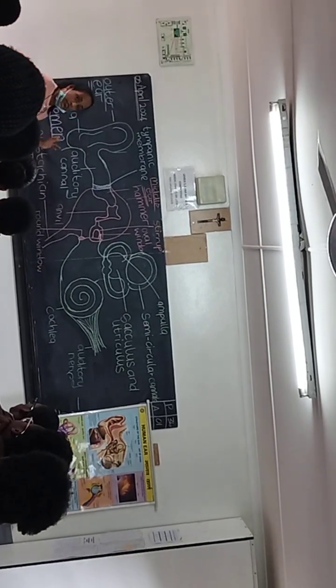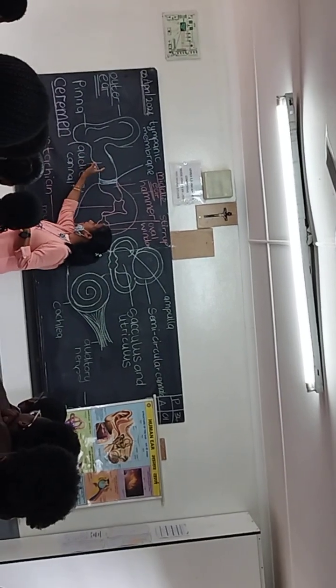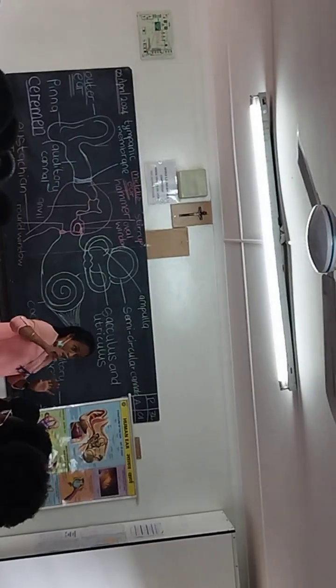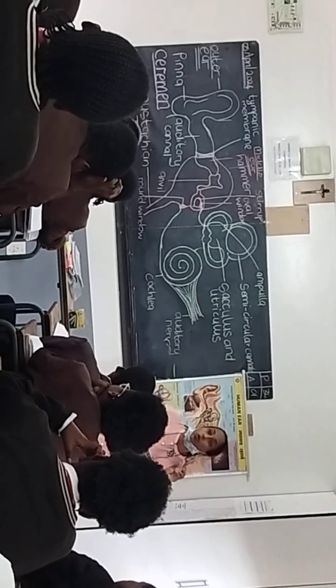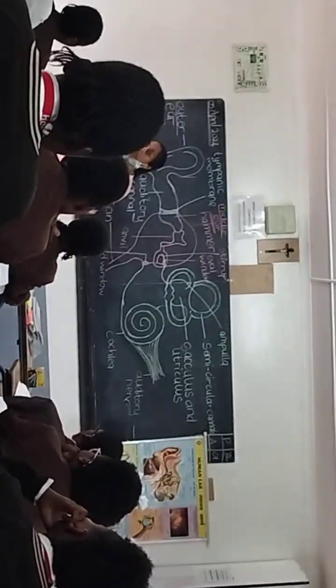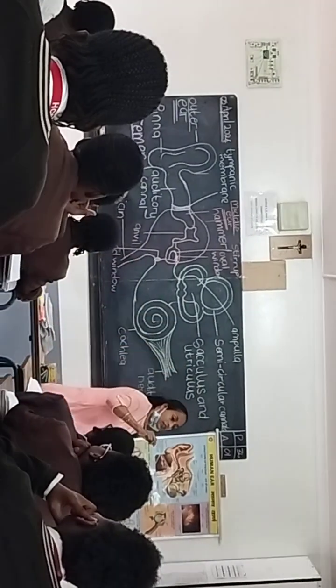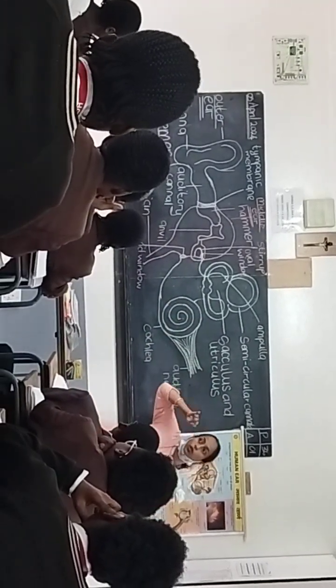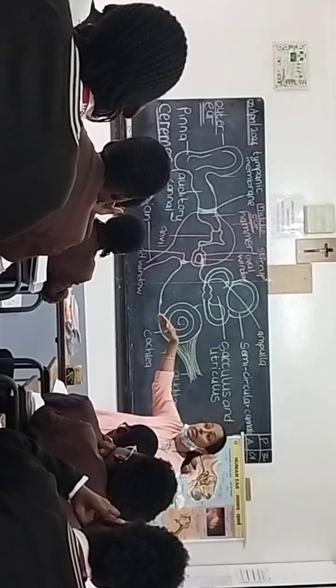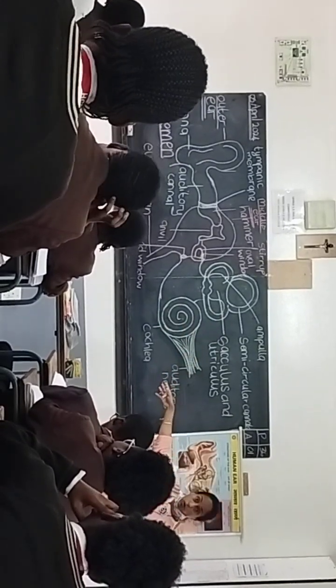What is cerumen? In layman's terms, we can use the word wax. Wax is produced there. It is something that is naturally produced, so that if there is any tiny organism entering, it gets dissolved there. It does not go further into the middle ear and into the innermost ear.